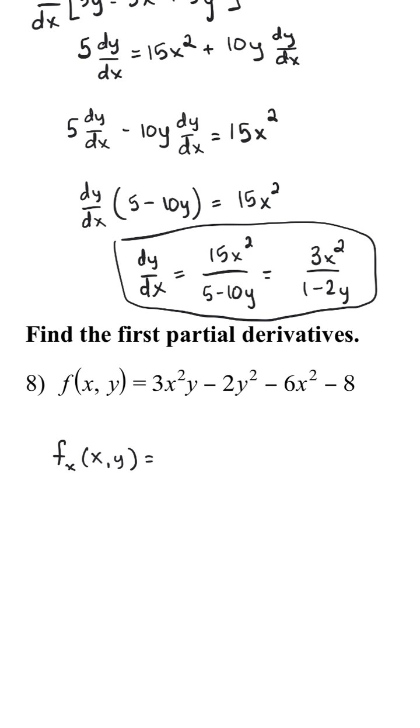The 2 multiplies the 3, so we have 3 times 2, which is 6. The derivative of 2y squared is 0. The derivative of 6x squared is 12x, and then the derivative of 8 is 0.